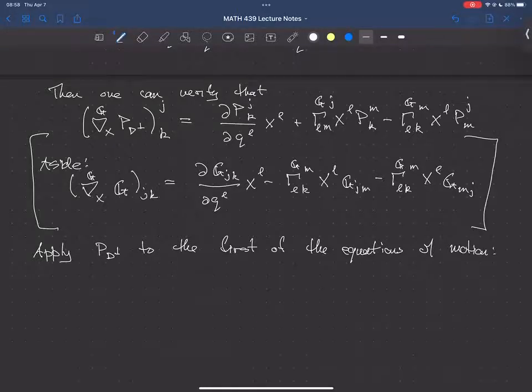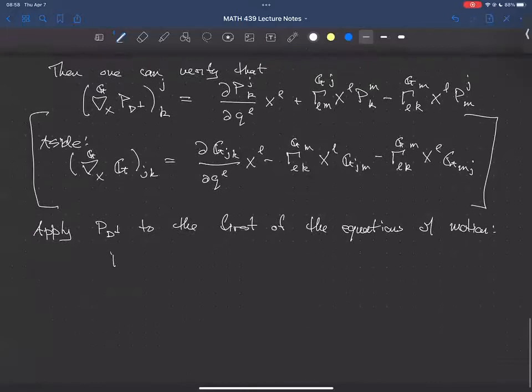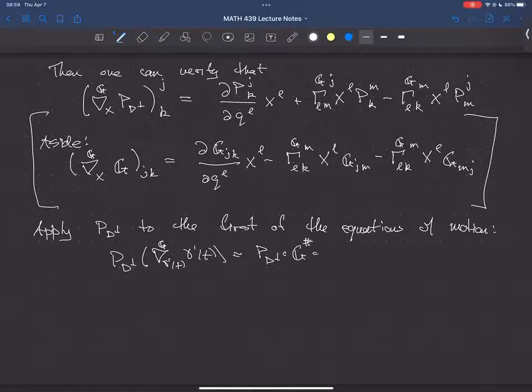What I get is PD perp of nabla G gamma prime of t gamma prime of t equals PD perp G sharp. I have nightmares writing these things down because I've actually calculated this in examples.